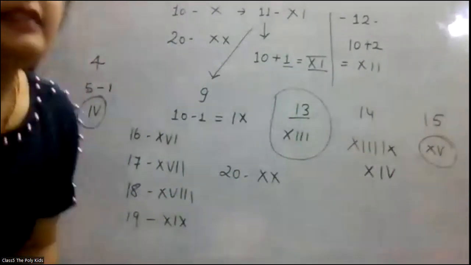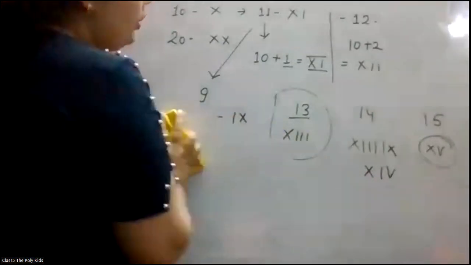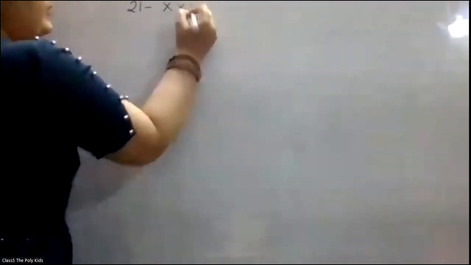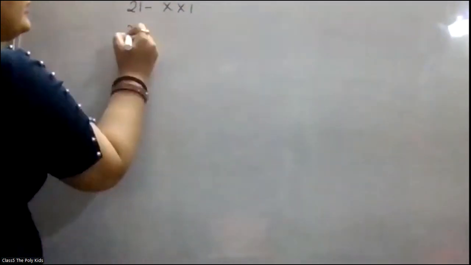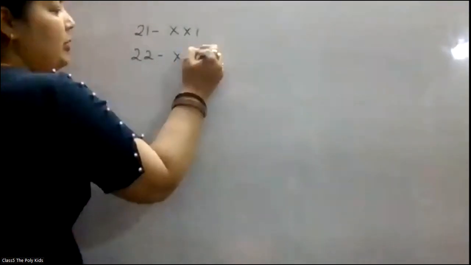Now it is the turn of 21 to 30. From 21 to 30, it is also like this. Ma'am, 21 is XXI. Ritunjay, XXII. Yes. Now Ritunjay will tell me 23.